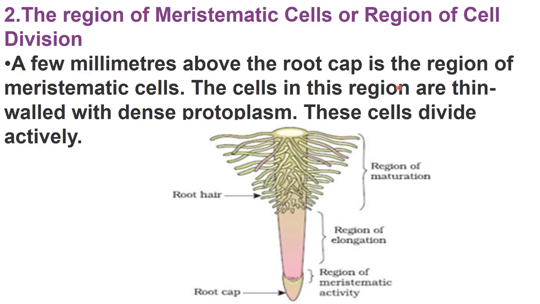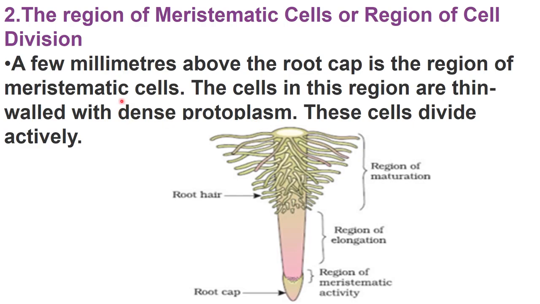The cells in this region are thin-walled. Okay, so this is also a characteristic feature of most of the meristematic cells. Wherever there will be meristematic cells, those cells will be thin-walled, because rapidly dividing cells are usually thin-walled. So these cells in the root also are thin-walled with dense protoplasm.